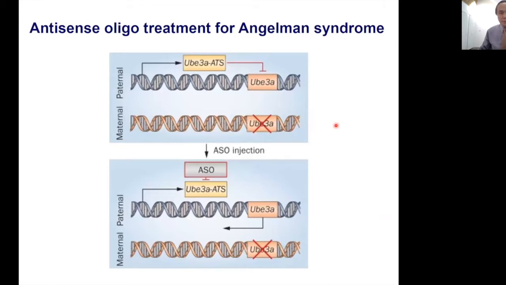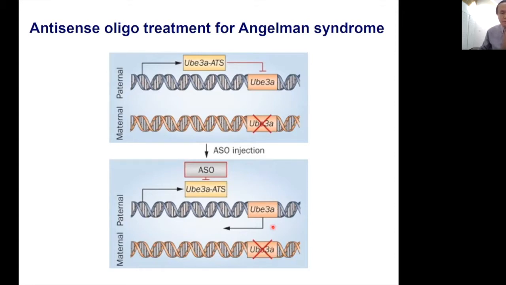Here's the concept for antisense oligo, ASO treatment. Some of your parents are participating and also familiar with the concept. Basically, the antisense oligo is capable of reactivating the gene on the maternal chromosome, because in almost all the patients the missing copy is on the maternal chromosome.